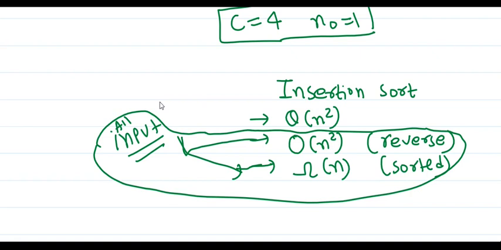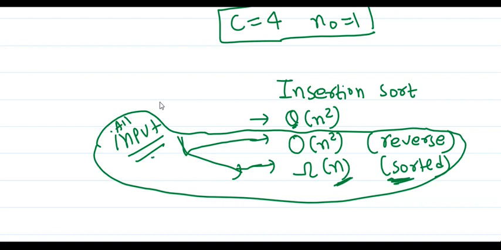Because if I say that for all inputs, on average my number of comparisons will be order n square, then it's wrong, because there are some inputs. For example, if my input is sorted, then I'm doing only n comparisons, right? So this theta notation is for average case analysis, and it's not applicable for all the inputs.